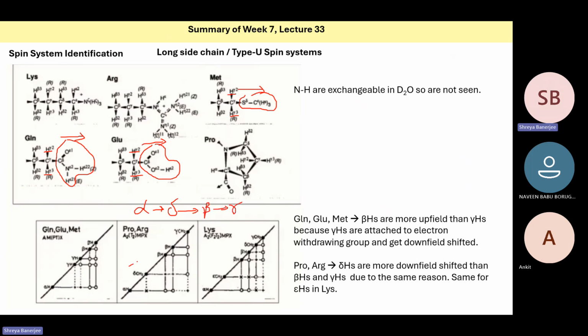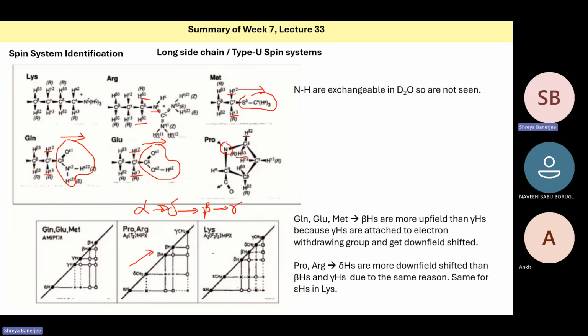So delta is quite downfield shifted. This is because in proline, delta is attached to the nitrogen. Arginine also, delta is attached to the nitrogen. Because of the electron withdrawing effect of nitrogen, delta is shifted downfield and comes close to alpha.